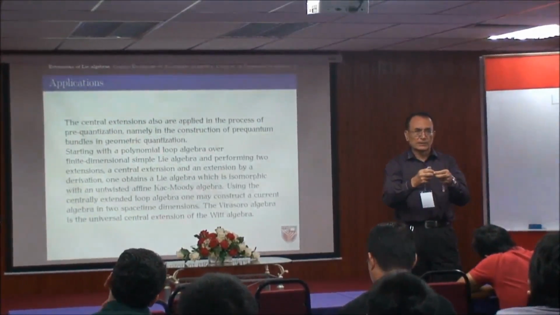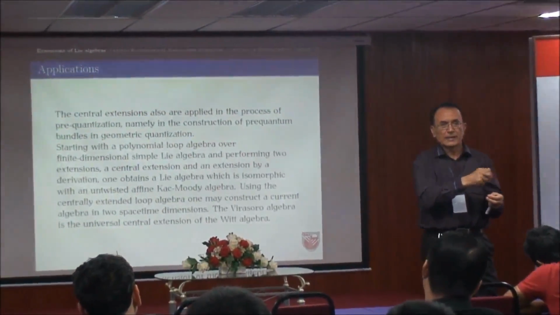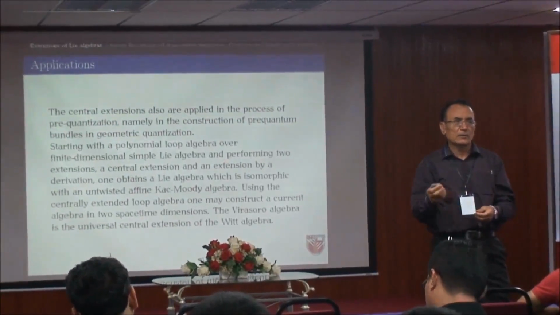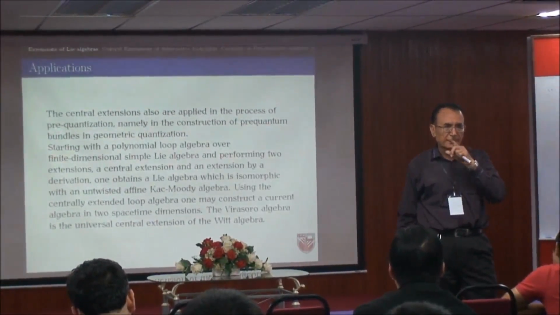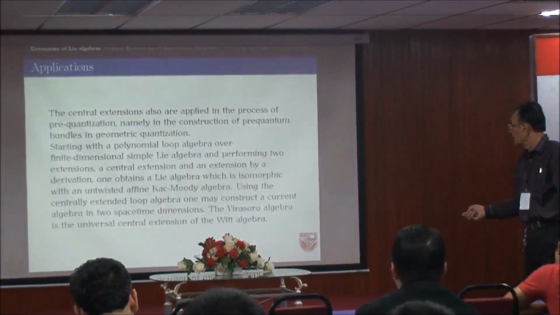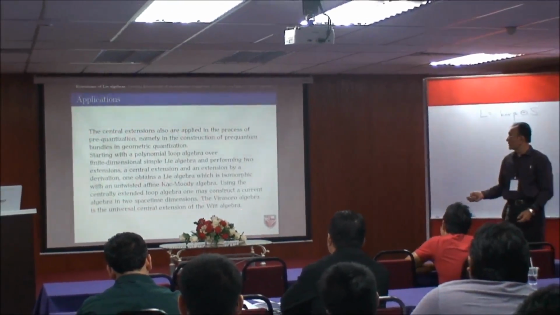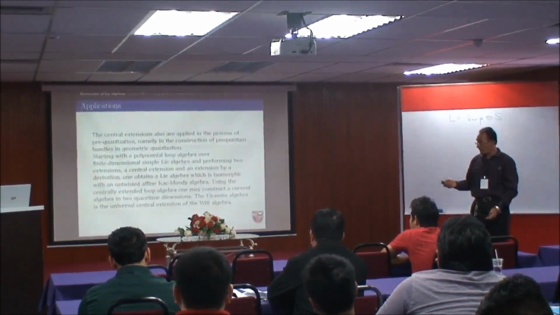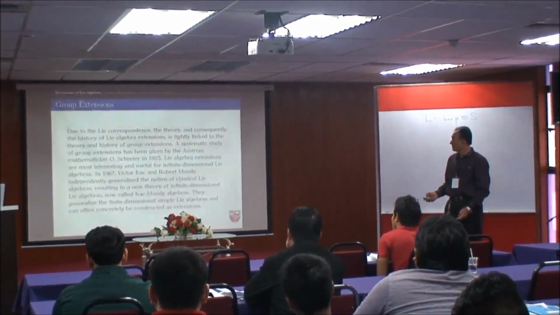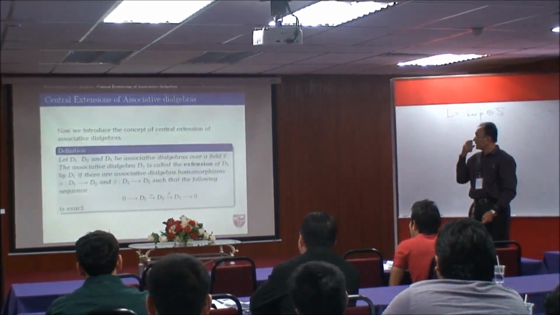You should first consider the loop algebra generated by a simple Lie algebra. Then to that you should apply extension by derivation. In that case you will get Kac-Moody algebras. Then the Virasoro algebra is an extension of the Witt algebra, which I already have mentioned. I will skip this part.